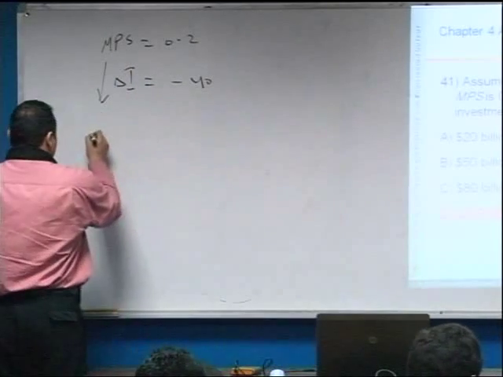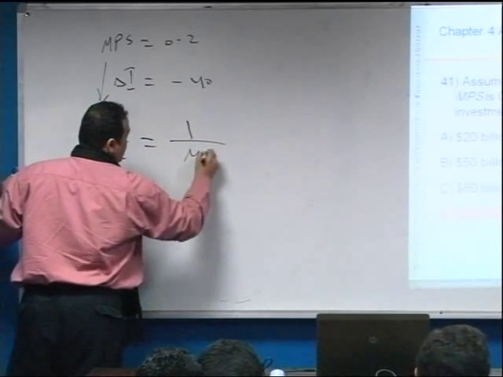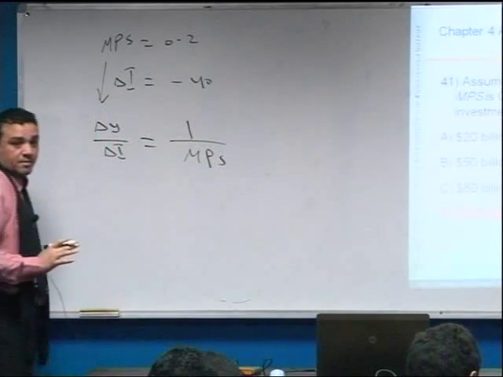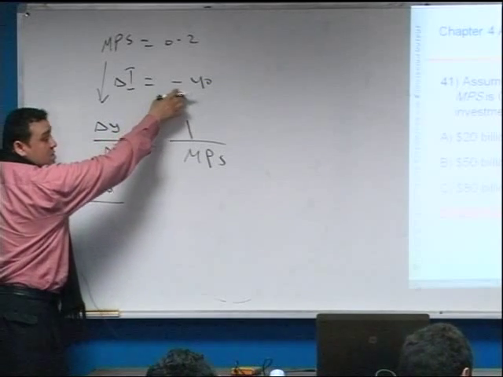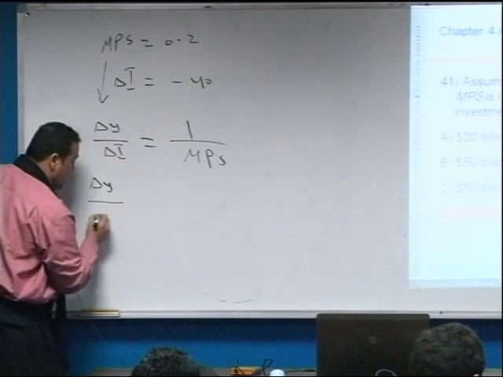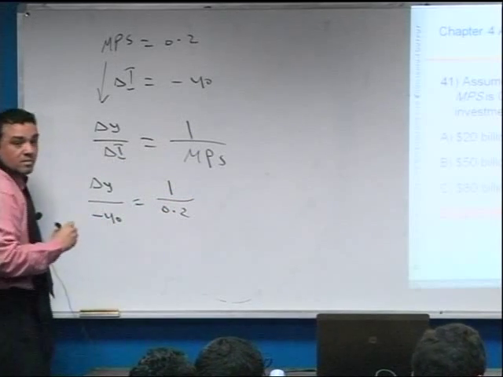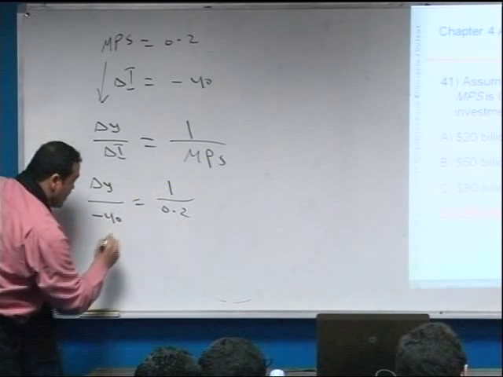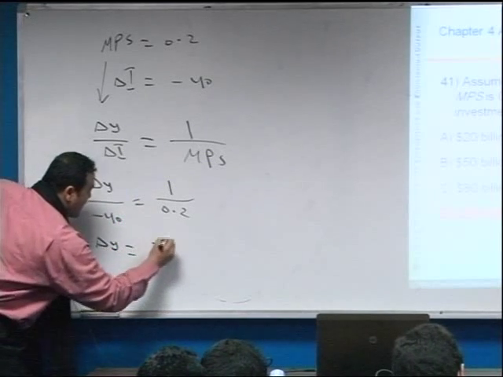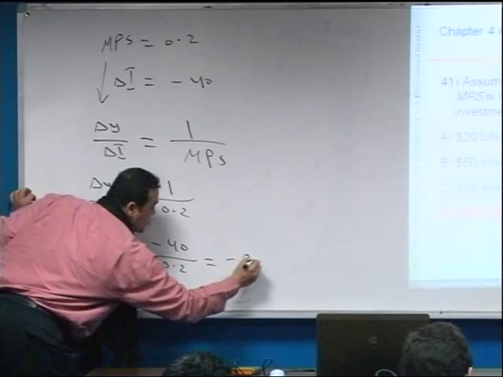As you know, delta Y over delta I equals 1 over MPS or 1 minus MPC, right? So delta Y over minus 40, because we have a decrease, equals 1 over 0.2. So delta Y equals minus 40 over 0.2, so equals minus 200.